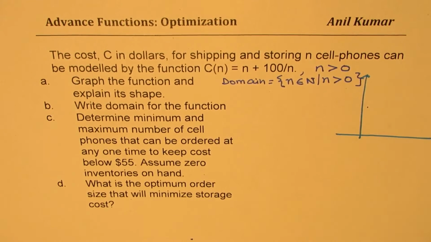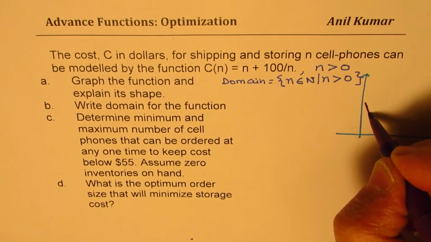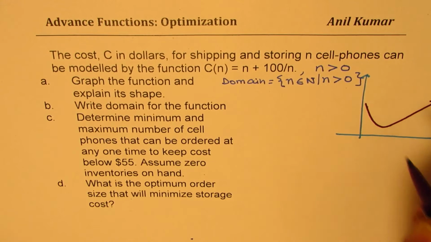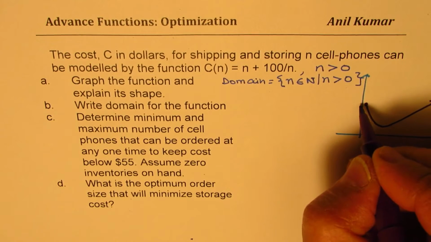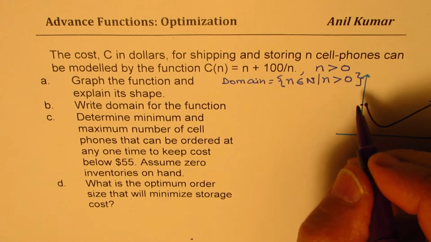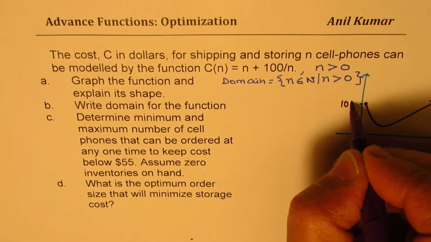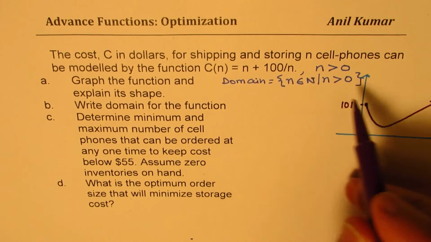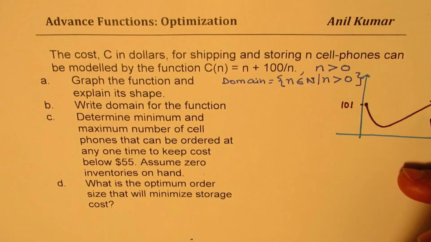So what you notice here is that the value of the function is higher first, then it decreases, and then it is going to increase. And let us assume that at n equals 1, we have this value, which is 101. We can make a table of values to get the rest of this graph, but that is the shape of the graph.